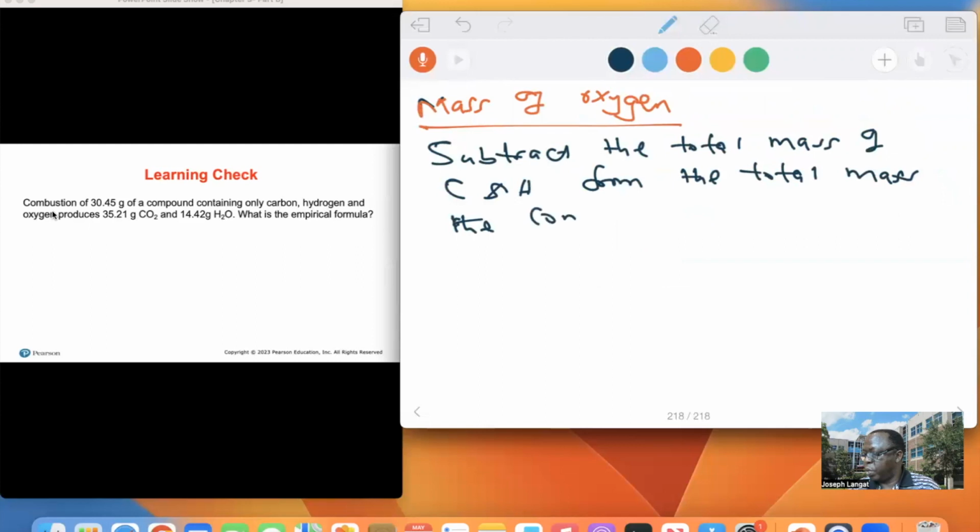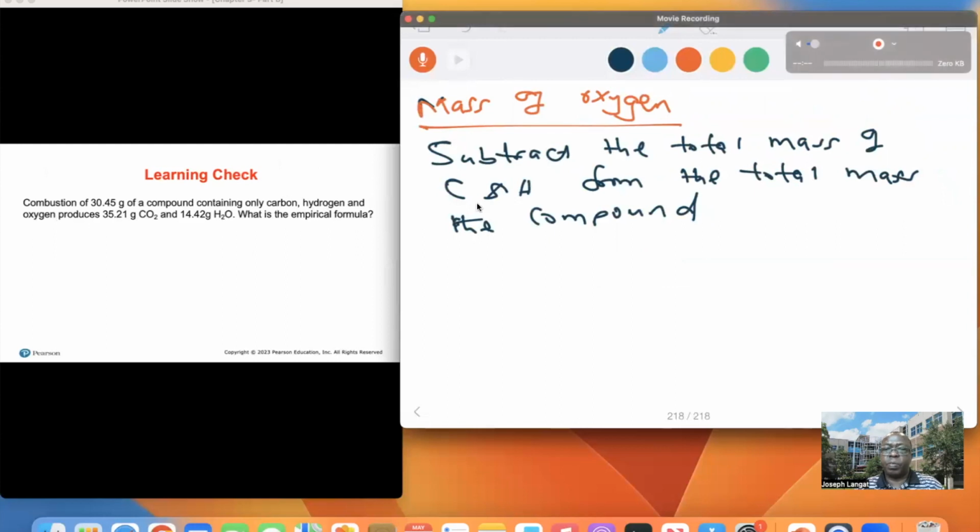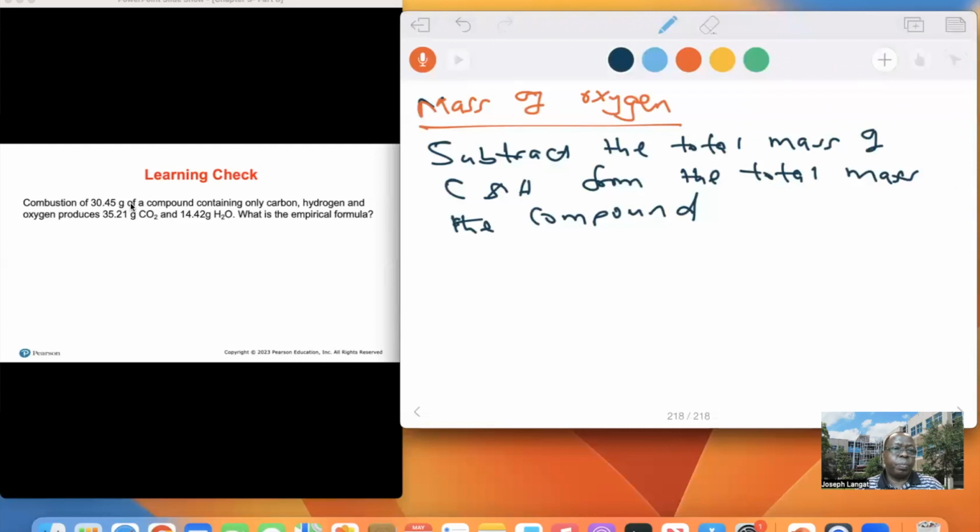So we need to find the mass of oxygen by subtracting the combined mass of carbon and hydrogen from the mass of the compound. So how are we going to find that?